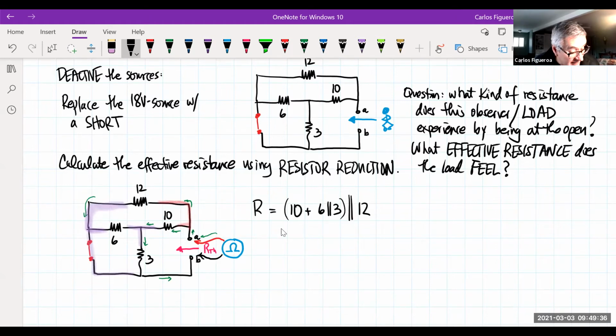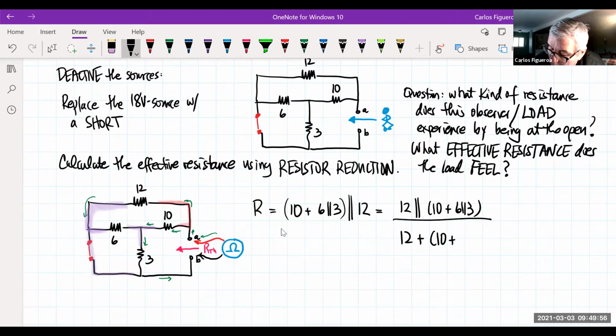So we could write out the resistance of parallel resistors. It's got to be 12 parallel to the quantity 10 plus 6 parallel to 3, divided by 12 plus 10 plus 6 parallel to 3. If you compute this, you get 6 ohms for RTH.